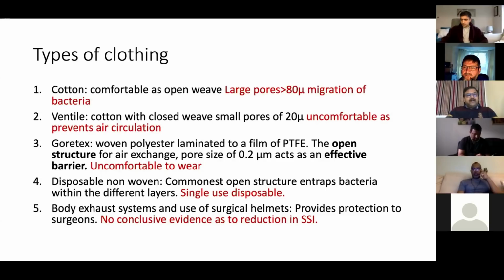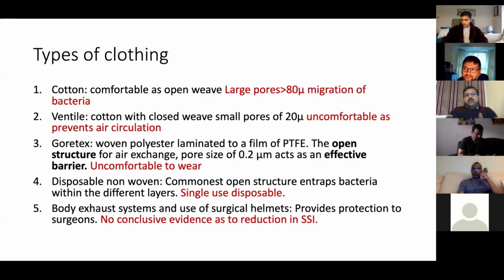Now, there are different types, Ventile, Gore-Tex, which are all mentioned in the Ramchandran textbook, but basically the commonest type used are the disposable non-woven ones, which have an open structure with different layers.